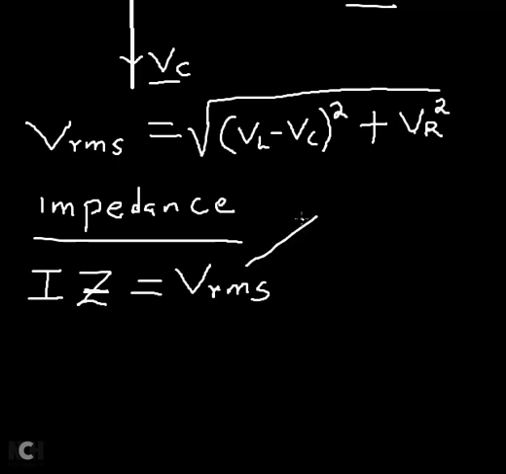Of course, the origin of this came from V is equal to IR. But in this case, the resistance now is the impedance.